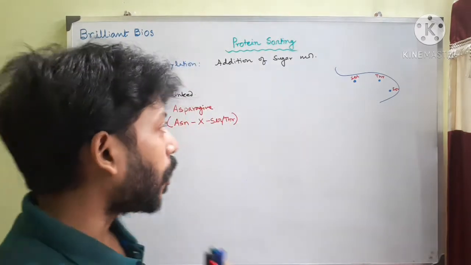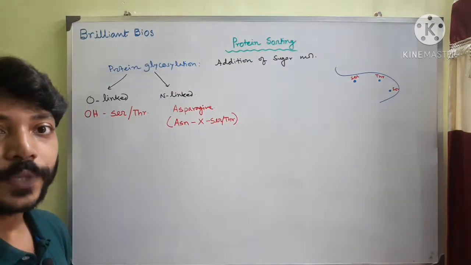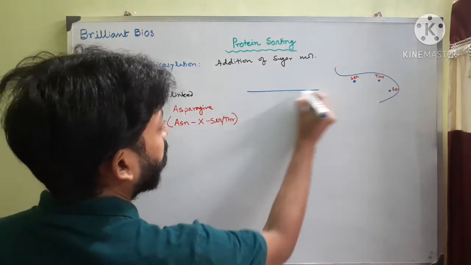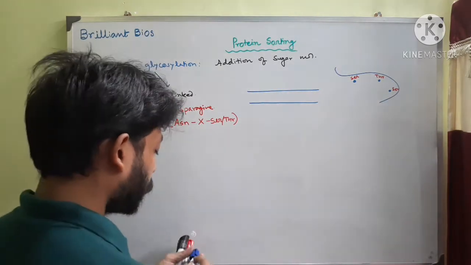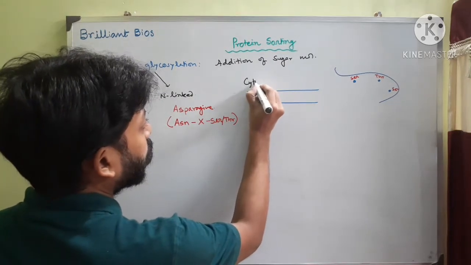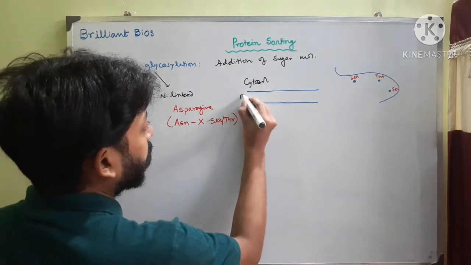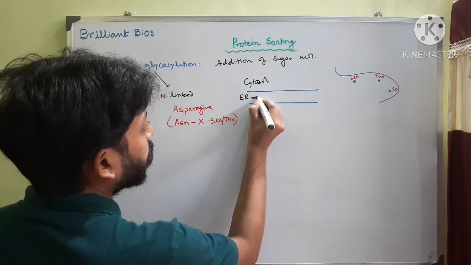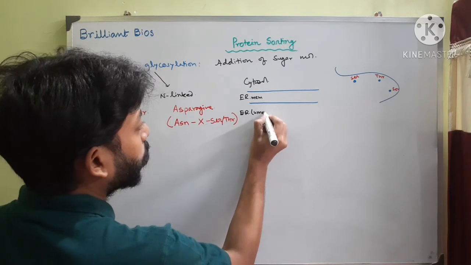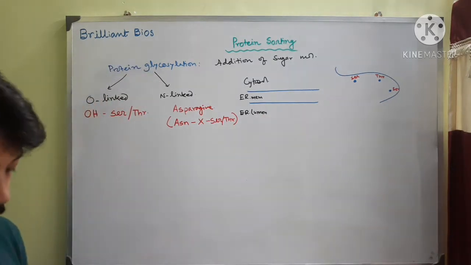Now how does this protein glycosylation occur inside the endoplasmic reticulum? Let's assume this is the endoplasmic reticulum membrane. This is the cytosol. This is the ER membrane, and this is the ER lumen, that means endoplasmic reticulum lumen.